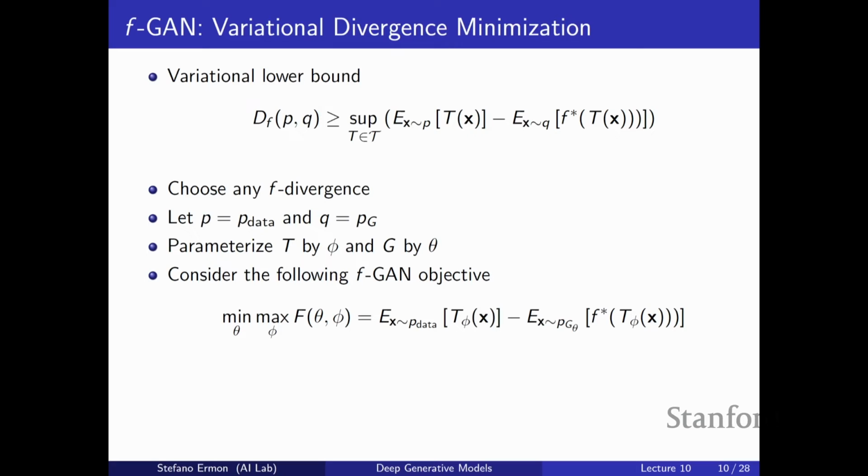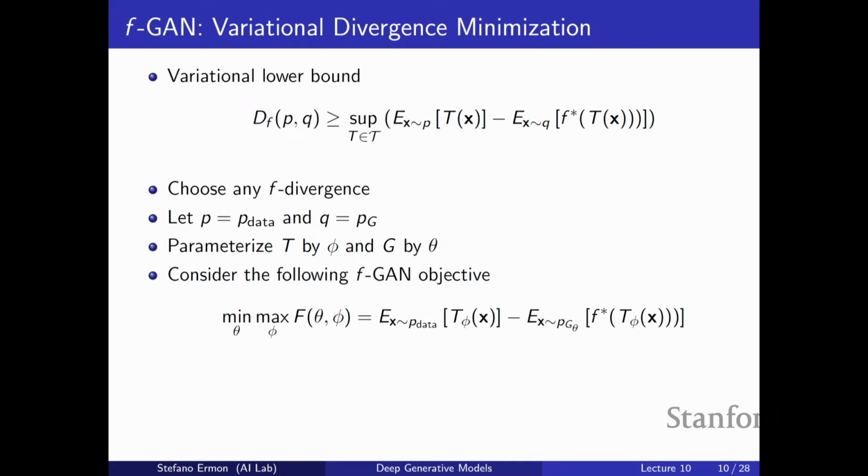It's again a minimax optimization problem, where there is the inner maximization problem over phi, where you're trying to find a good approximation to the f-divergence by finding weights phi that make this expression as big as possible.